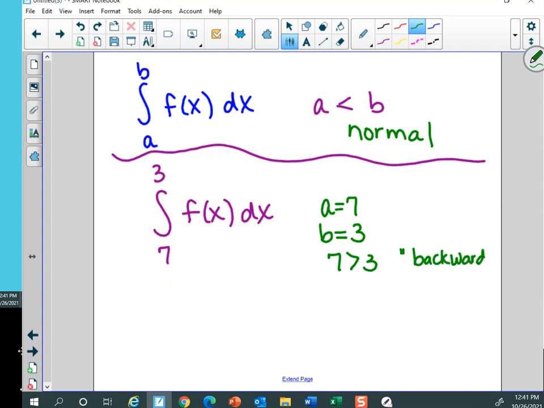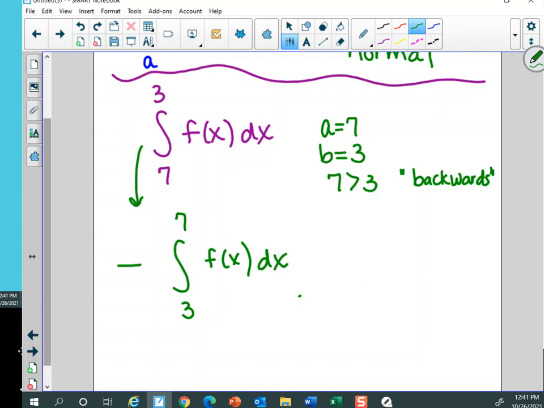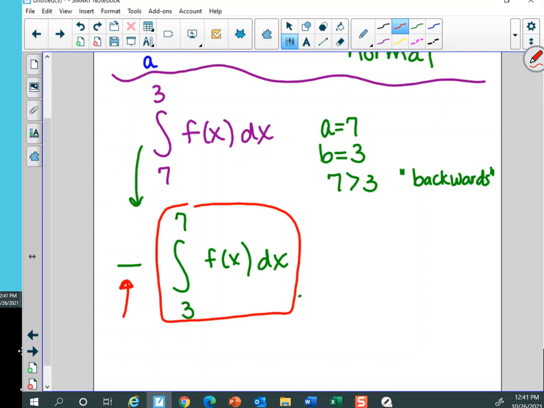That makes me feel like this one is sort of a backwards problem. And so I can adjust that by treating it as forwards and then throwing the negative in front of it.